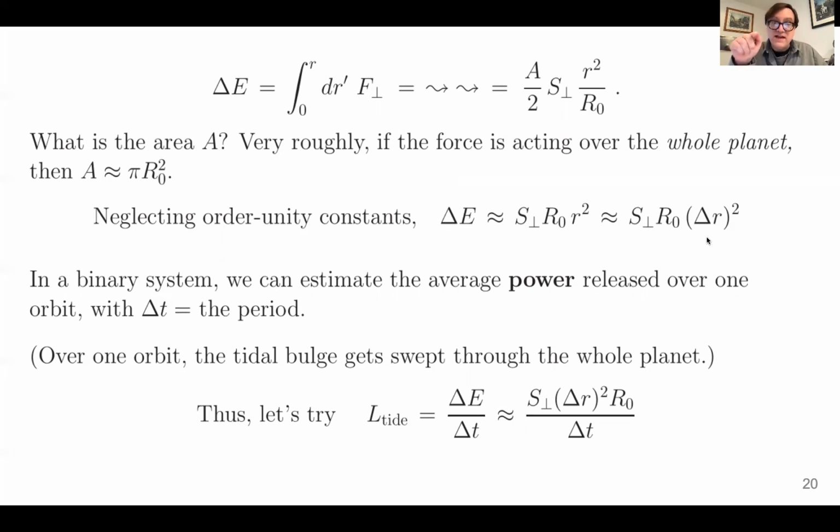We can divide that energy by a time, and we can choose the orbital period of the binary as that representative time scale, because over one orbit, that's the time scale over which the tidal deformation sweeps through the entire planet. That's the whole planet, which corresponds to that A equals pi r squared that we input up above.